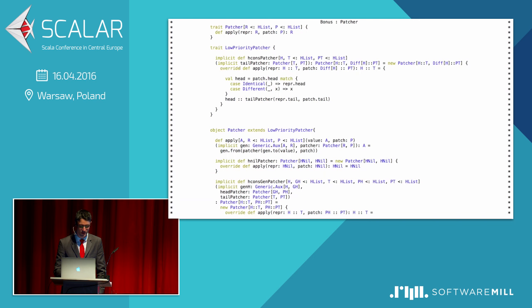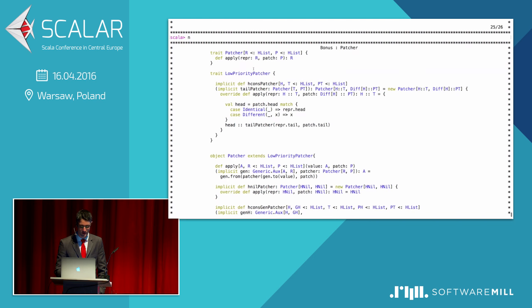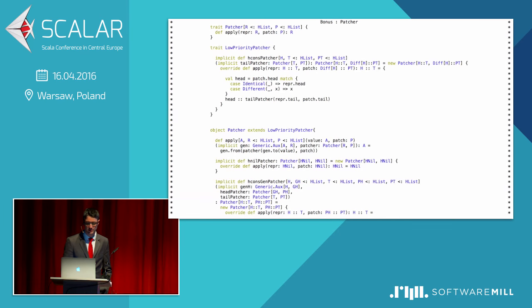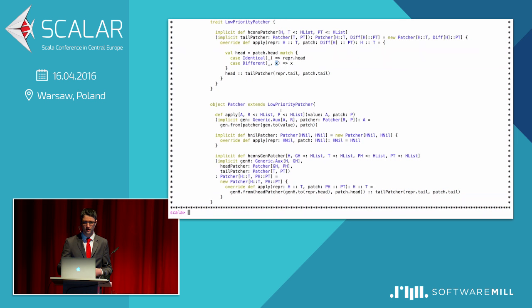Like before, I won't get into details, but I define a type class Patcher that takes a generic representation of an object and a delta, and modifies the generic representation using the delta. It's here. If in the delta I have an identical, I don't do any modification. If I have a difference, I apply the right value to modify the representation. And finally, I get back a modified representation that I can convert back to my class.